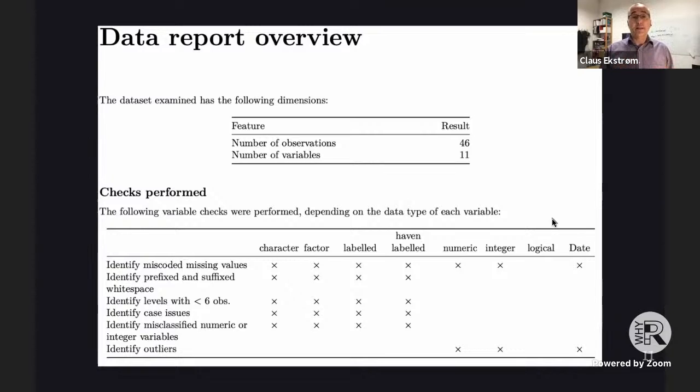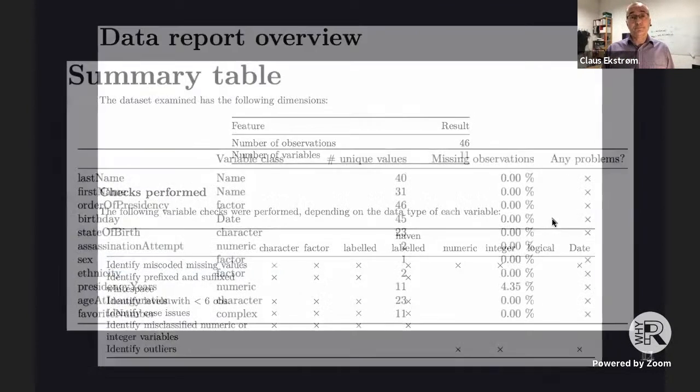It's documented that, for example, we try to identify whether there's a prefix or suffix white space in characters and factors and labeled variables, but not, of course, for numeric, integer, logical or date. So already by now we have information about what we checked, and also the stuff that is not here is the part that we didn't check for. So we know later on whether or not it's something that we've considered at one point or not.